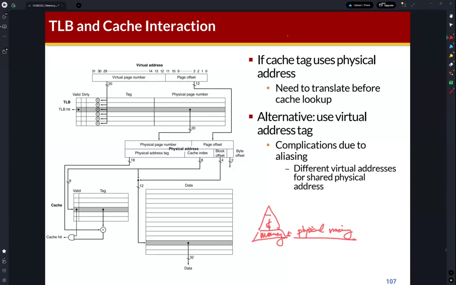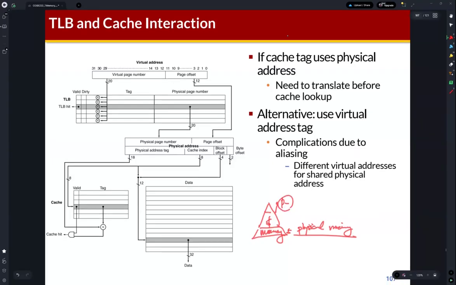When the cache is accessed, we need to use the physical address. Now, how can we get the physical address? Firstly, we need to access the TLB, and the good news is that the TLB hit rate is very, very high, right?